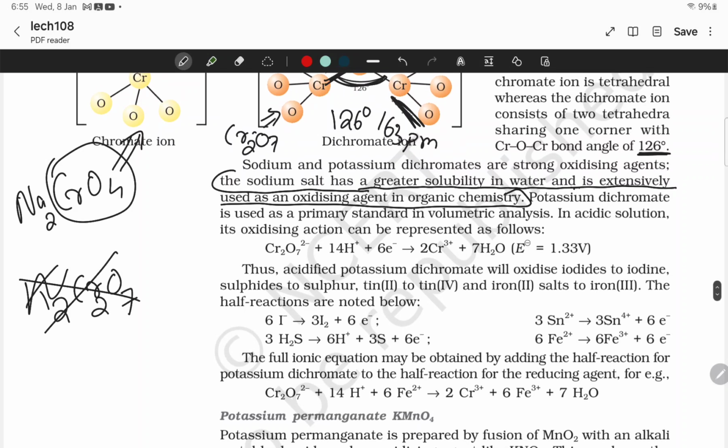Potassium dichromate is used as primary standard in volumetric analysis. So which is the primary standard in volumetric analysis? K2Cr2O7 is a primary standard in volumetric analysis.